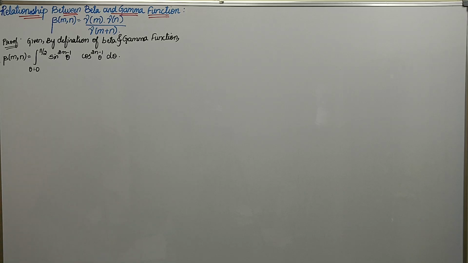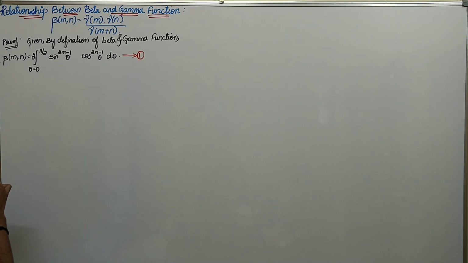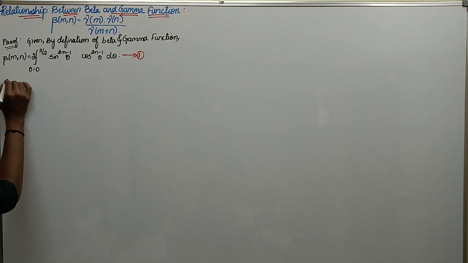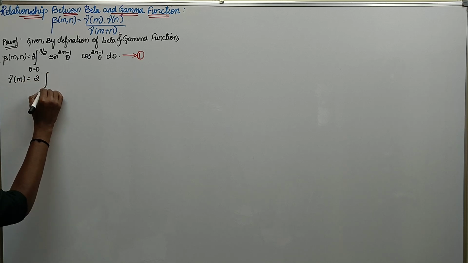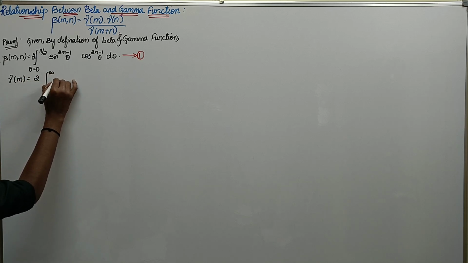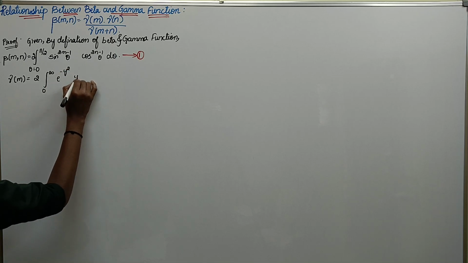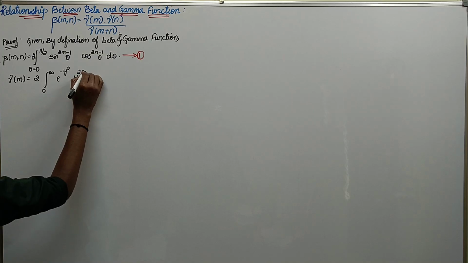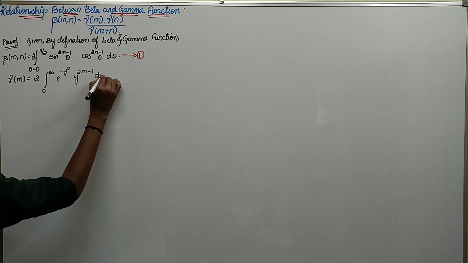Let us represent this as equation number 1. Next we have gamma of m, which is equal to 2 into integral 0 to infinity e to the power of minus y square y to the power of 2m minus 1 dy.